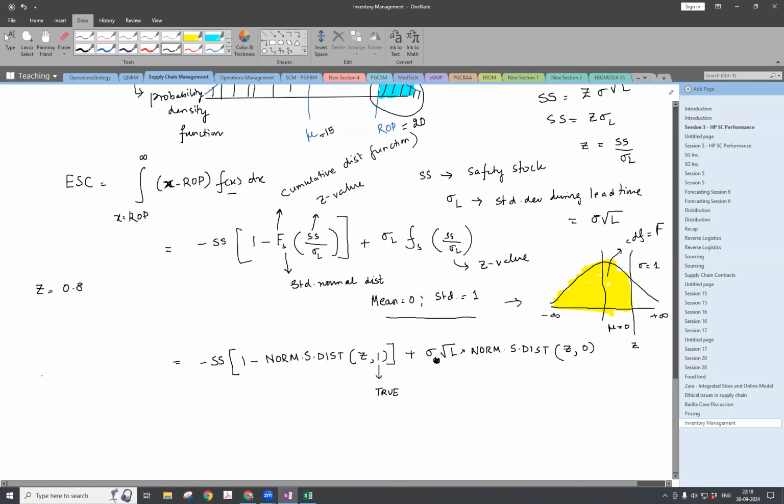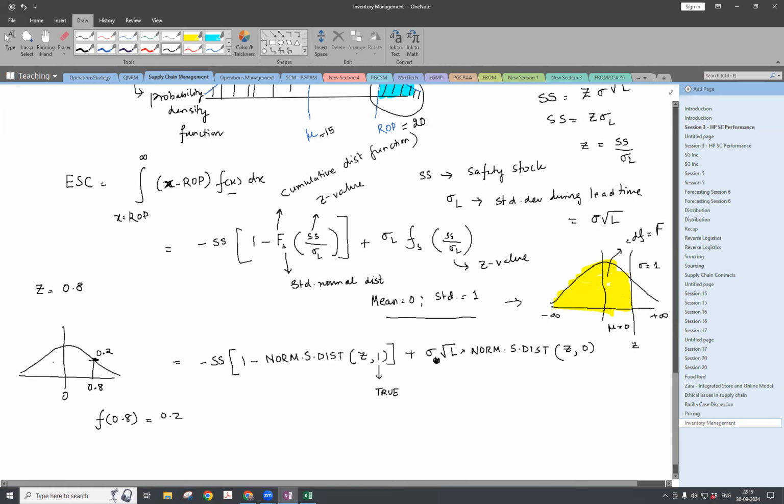Now corresponding to 0.8, let's just say as an example, because this is 0, this is 0.8. If the height at this particular 0.8 point is maybe 0.2, then f of 0.8 is going to be 0.2.